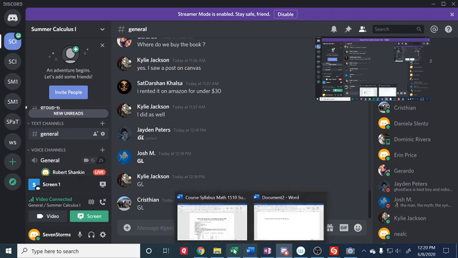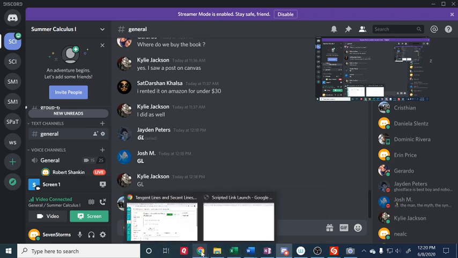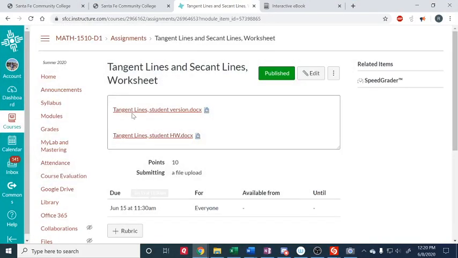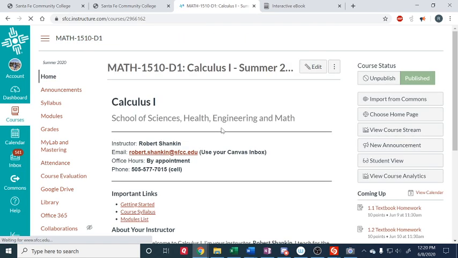I want to give a super brief overview of this course in Canvas. So here is this course in Canvas, and I'm going to put myself on student view.